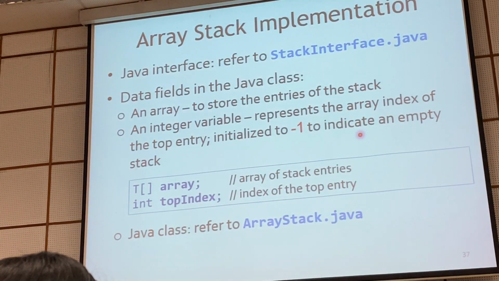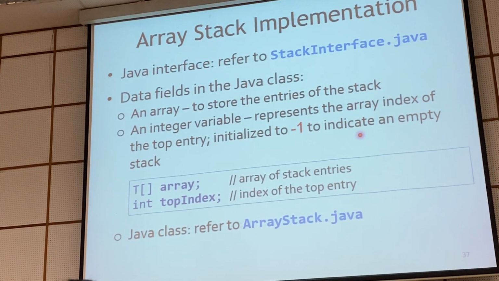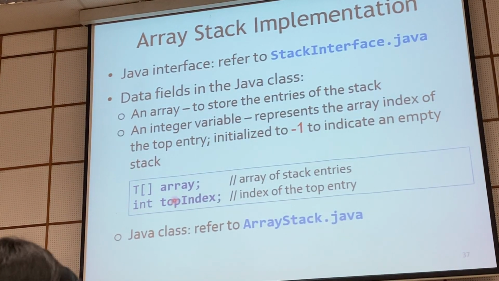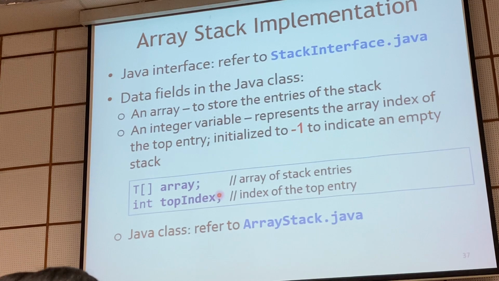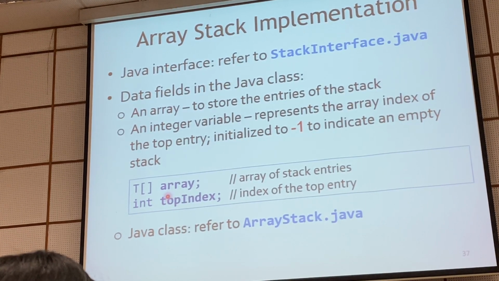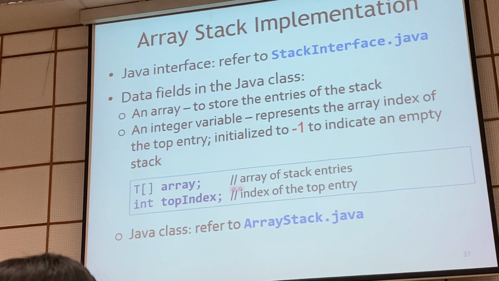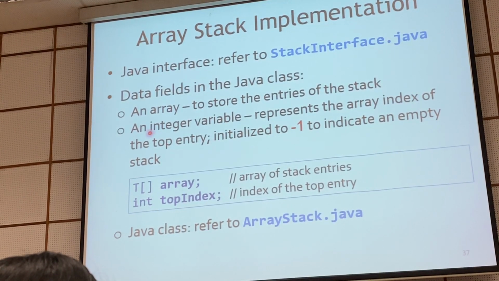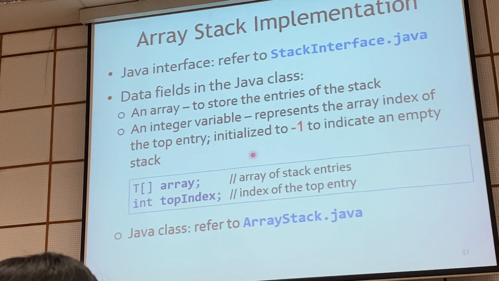Again, the implementation for your stack. You have to declare the array, and you have to keep track of the top index of the stack. So we declare a variable called top index, which represents the top of your stack.